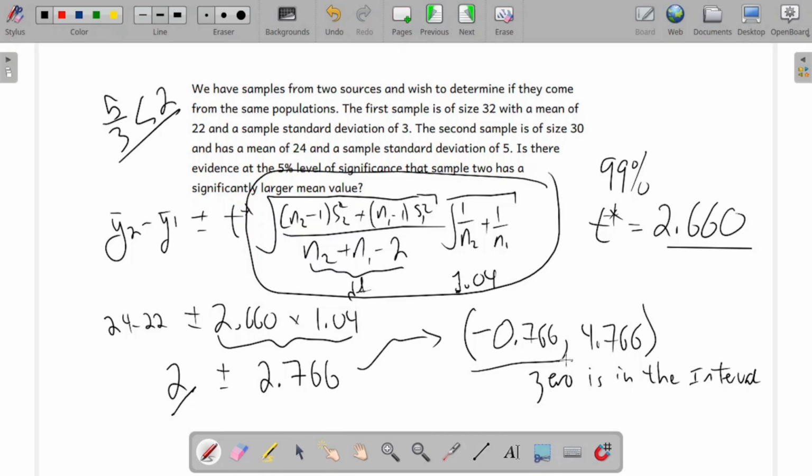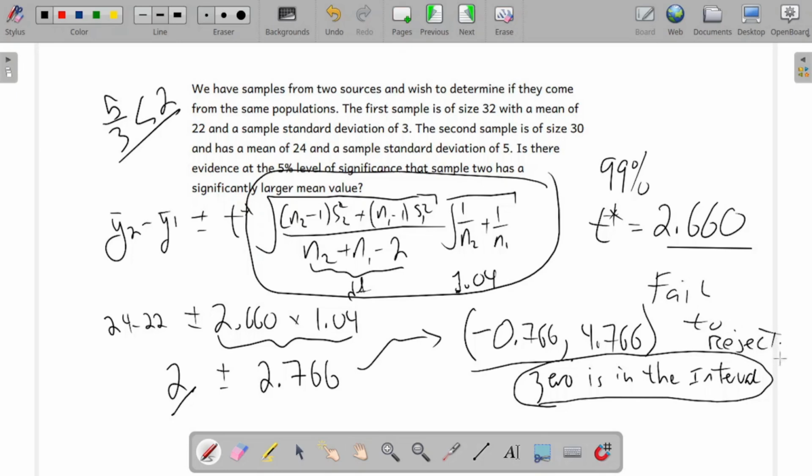And again, the conclusion remains the same, since the hypothesized difference of 0 from the null hypothesis is also in that interval. We cannot say that it is unlikely to be true, which is why we would fail to reject the null hypothesis in this context. Fail to reject. There we go.